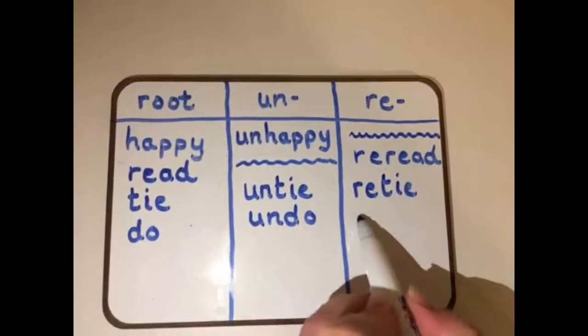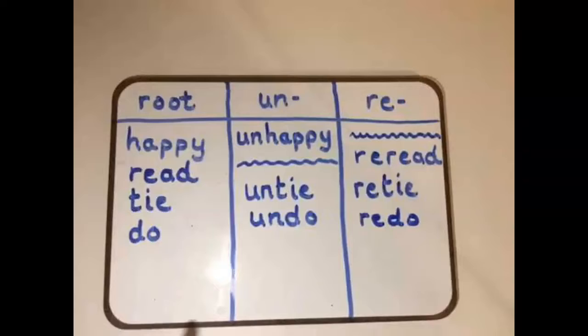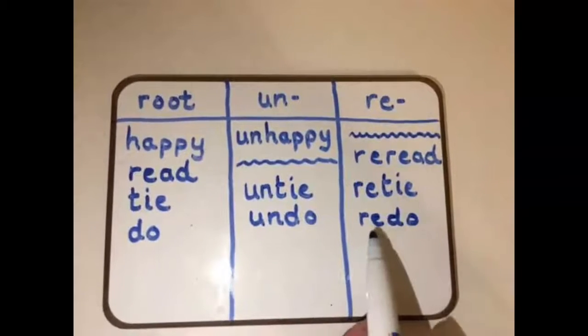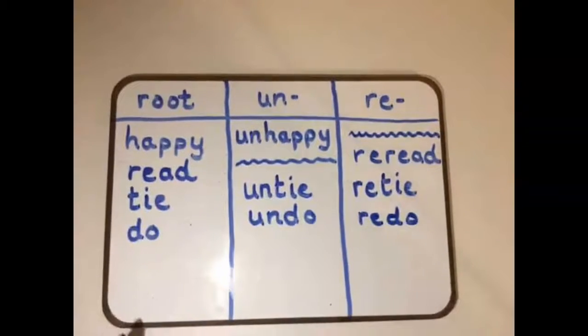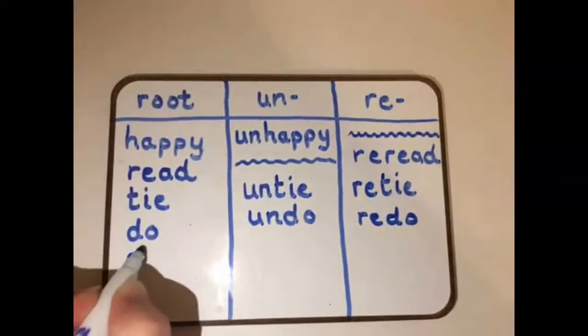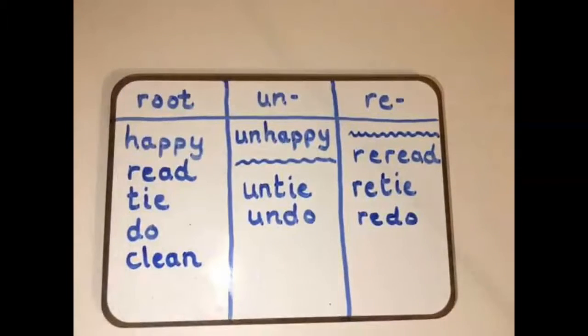Yes, I need to redo my typing. Same thing. So you undo it, you take it apart, you redo it, then you put it back together the right way, right? Okay, let's try the word clean. Can you figure out which prefixes go with clean and write them down? Pause the video, please.